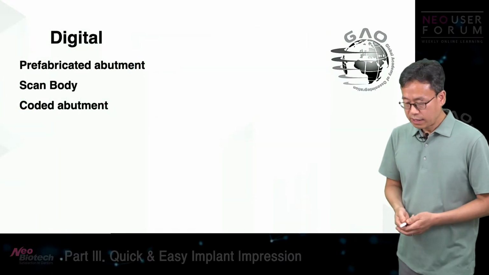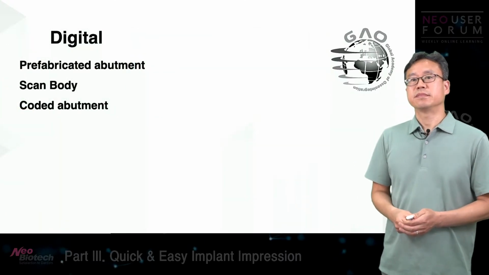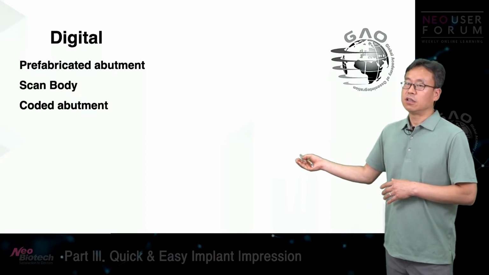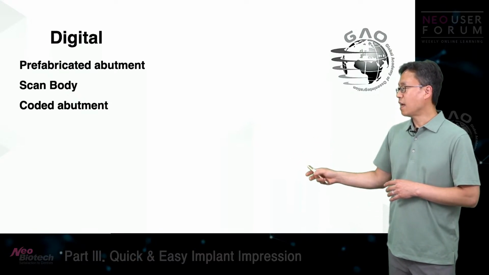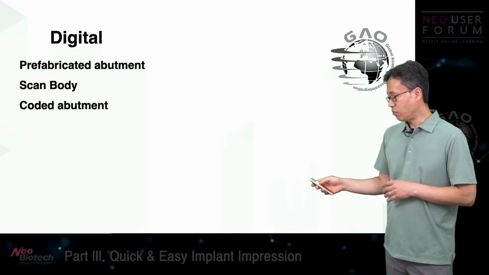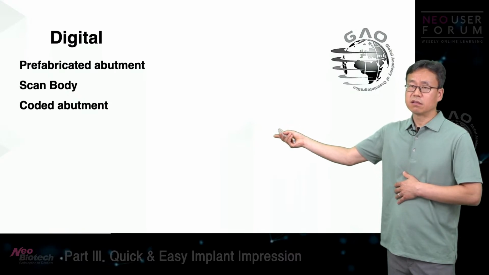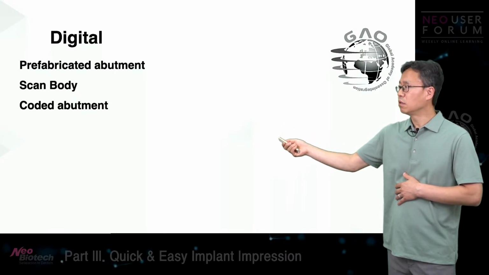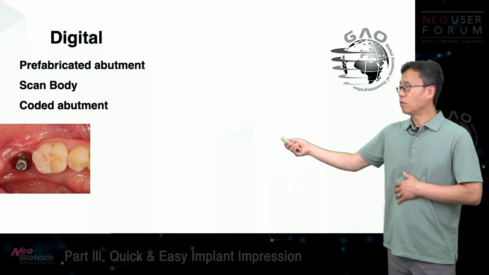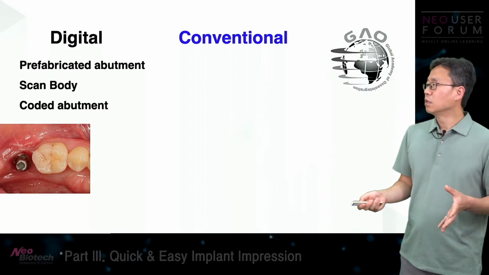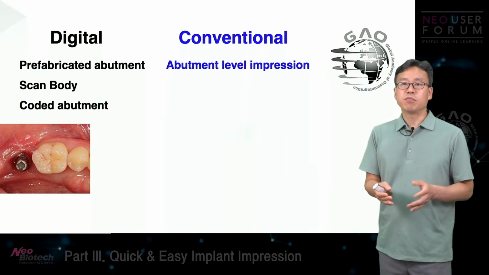Let me summarize my presentation today. With intraoral scanning, you can scan either of these three. You can scan prefabricated stock abutments, which in conventional method would be abutment level impression.